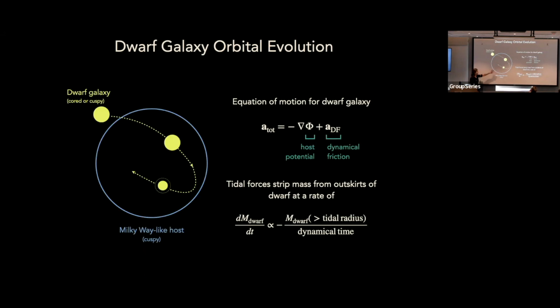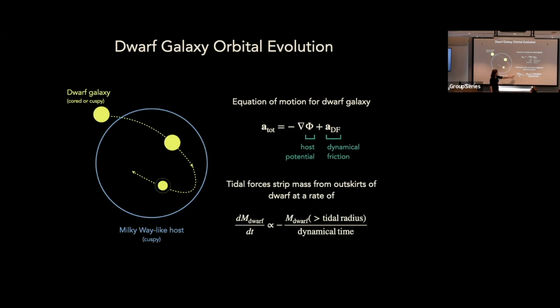So it's going to depend on the host potential, as well as the dynamical friction felt by the satellite, a kind of gravitational drag force. As it evolves along that orbit, it will lose mass due to tidal forces. The tidal forces will primarily be stripping away material in the outskirts of the galaxy, where the forces are strongest.